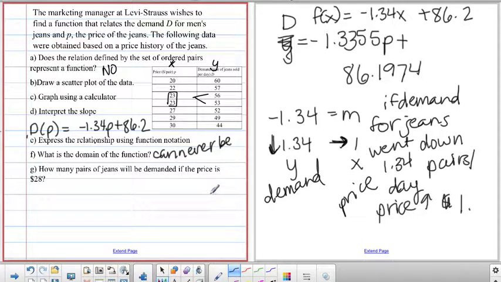You are never charged a negative value, so the domain, our p value, our x value, has to be greater than 0. Then finally, how many pairs of jeans will be demanded if the price is $28? That's as simple as plugging in 28 for p. If you plug that in, you would get about 49 pairs of pants.